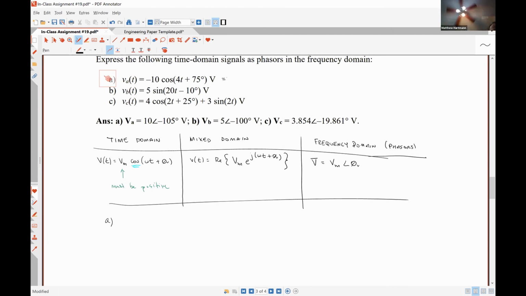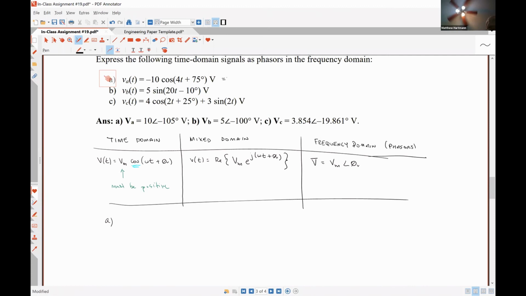we can notice that it has a negative magnitude. So we're going to have to correct that to be a positive magnitude. How would we do that? You would change the angle to the opposite, so like 180 minus 75. Okay.